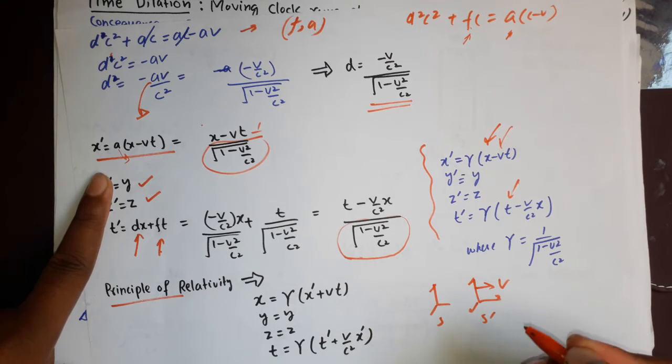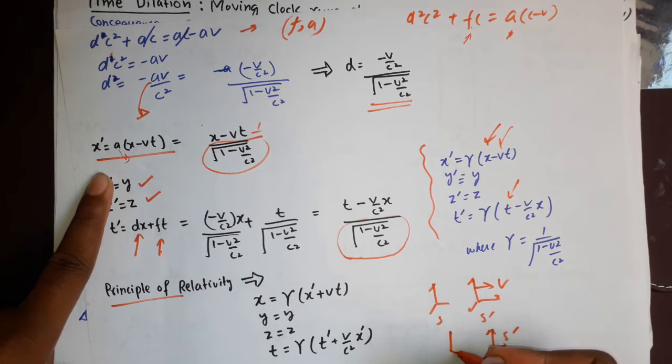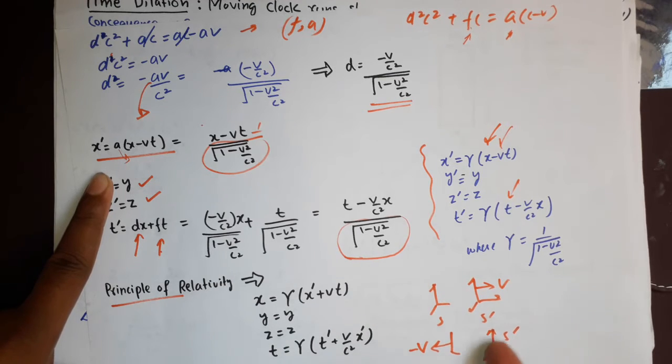According to the principle of relativity, I can call the S prime frame at rest and the S frame moving with speed minus v. So now S prime is my rest frame and S is the frame in motion.